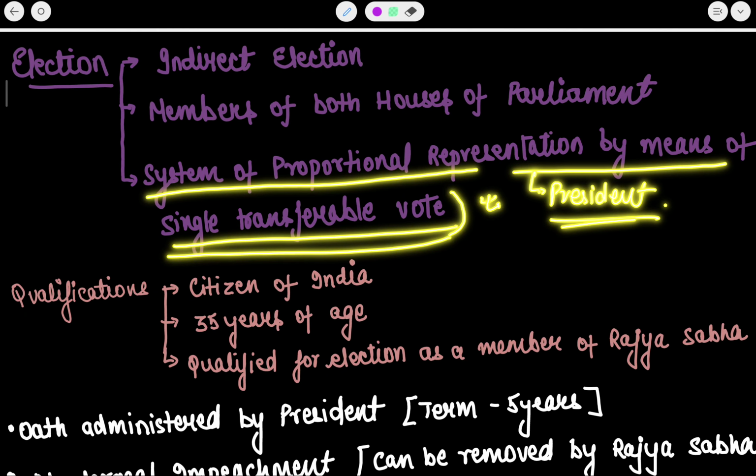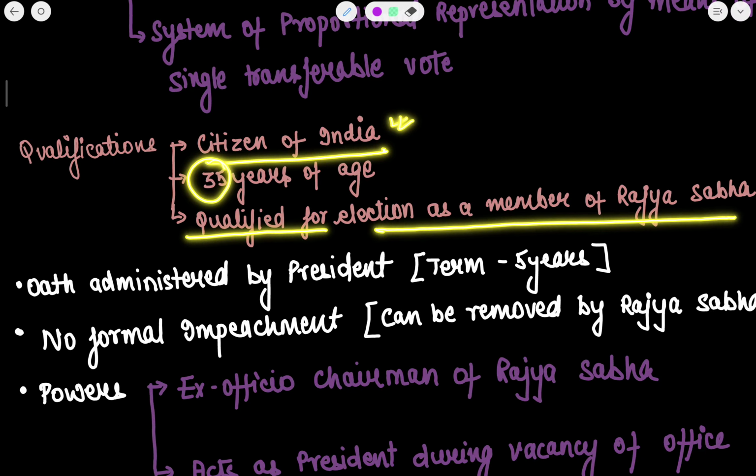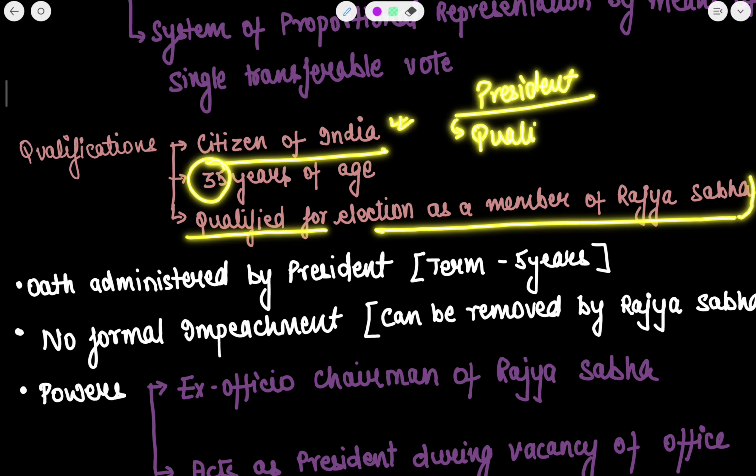Okay, now what should be the qualifications of the Vice President? First of all, he should be a citizen of India. Then he should be 35 years of age. Then he should be qualified for election as a member of Rajya Sabha. And if you remember, when I talked about the President of the country, the President should be qualified for election as a member of the Lok Sabha.